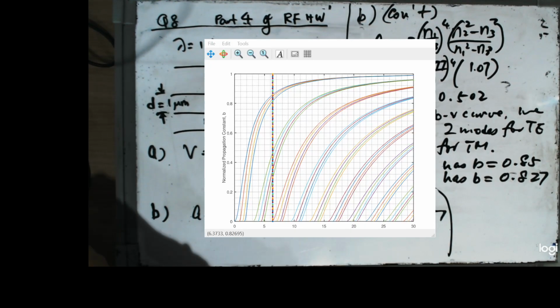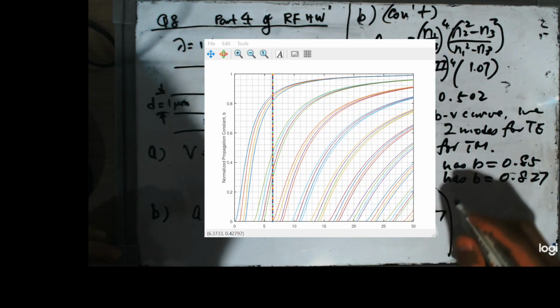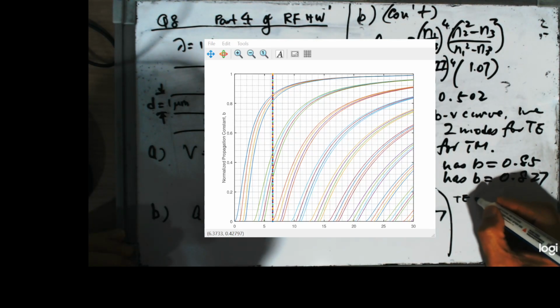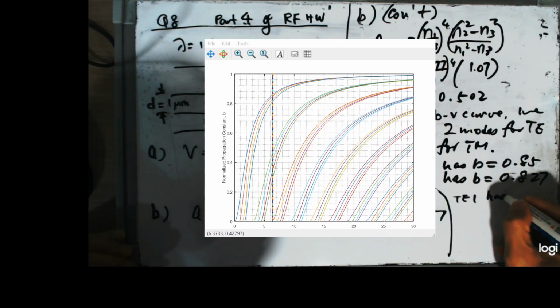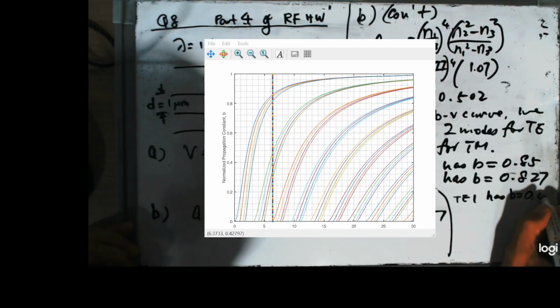Now we look at mode 1. As you can see here, the b value is 0.42. So TE1 has a b value of 0.42. I will write it down.